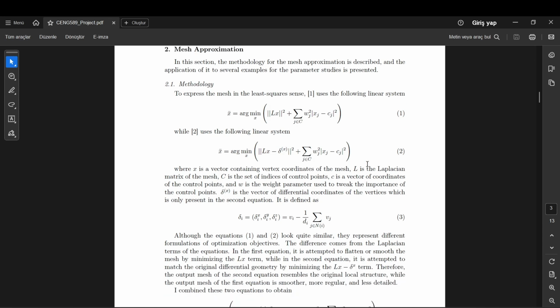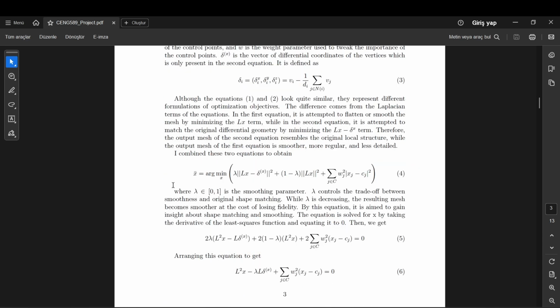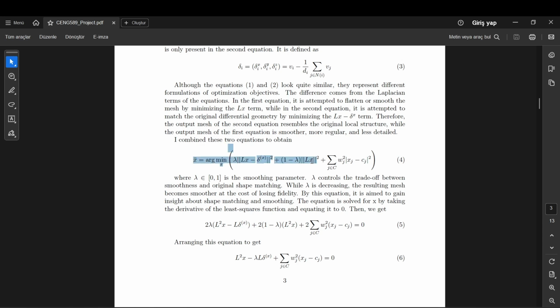In the first equation, it is attempted to flatten or smooth the mesh by minimizing this term, while in the second equation, it is attempted to match the original differential geometry by minimizing this term. Therefore, the output mesh of the second equation resembles the original local structure, while the output mesh of the first equation is symmetric.